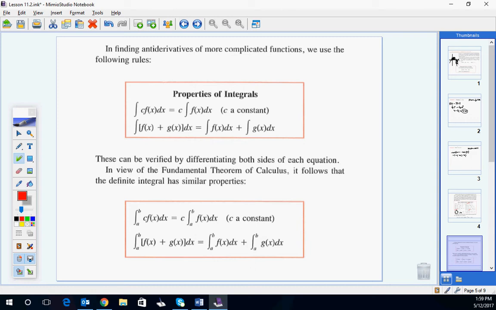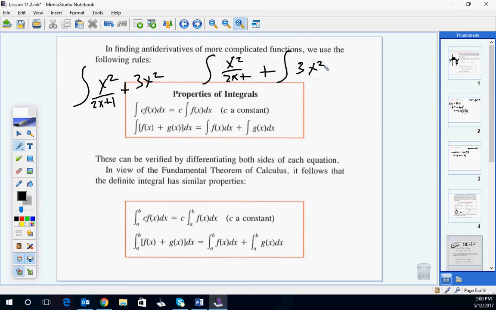And then also, if you have two functions added, an example of this is if I had the integration of x squared over 2x plus 1, plus 3x squared. I can break this up into two: x squared over 2x plus 1, plus 3x squared, which is a little bit easier to handle separately.